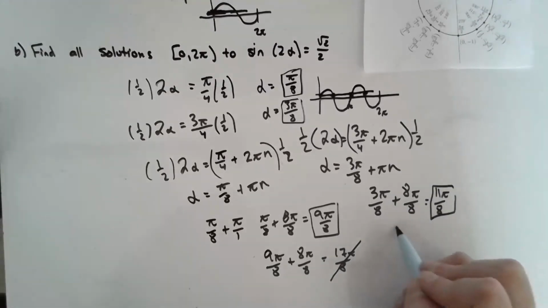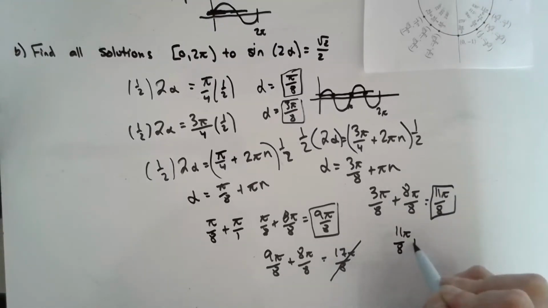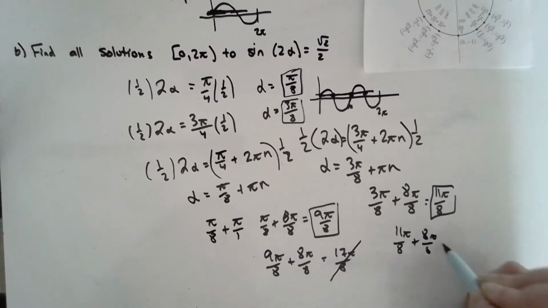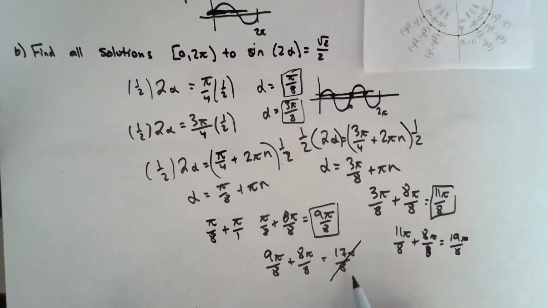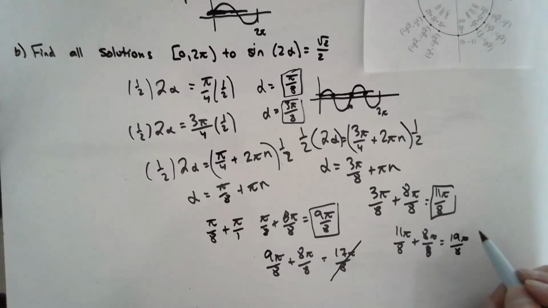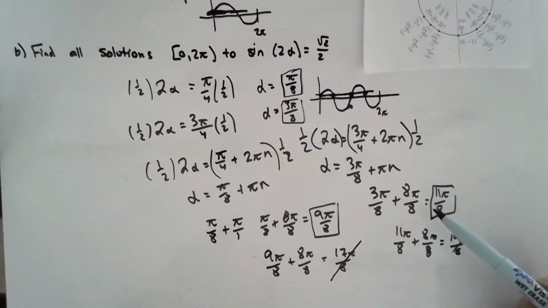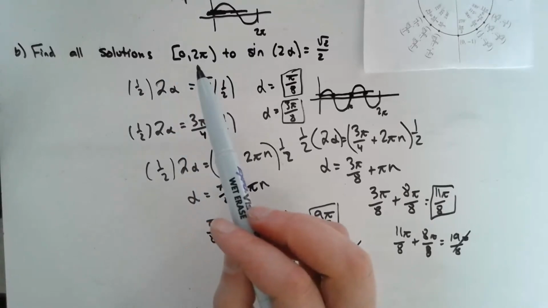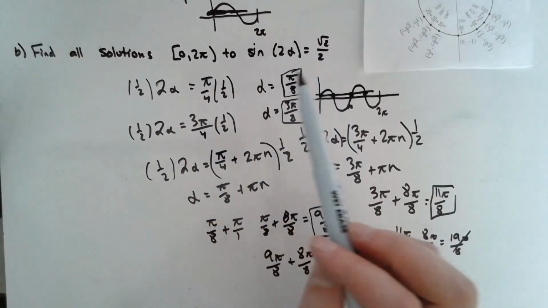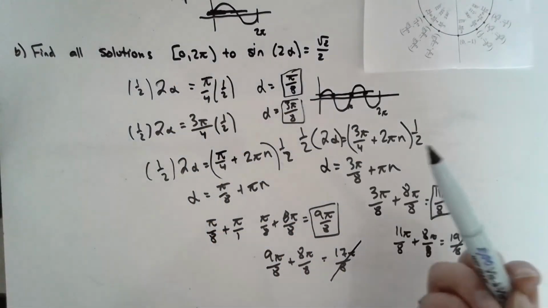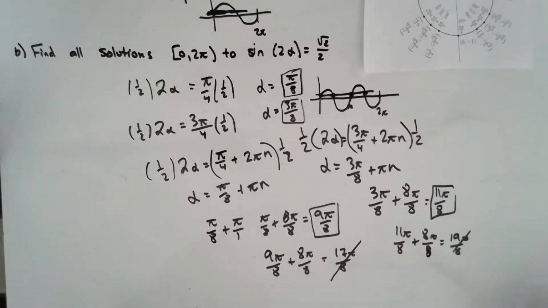But just curious, if I kept going, 11 pi eighths plus 8 pi eighths, I get 19 pi eighths, which if 17 pi eighths was outside of our 2 pi range, then 19 pi eighths is going to be outside of our range as well. So I've got 1, 2, 3, 4 answers in a 0 to 2 pi interval that make this double angle a solution.